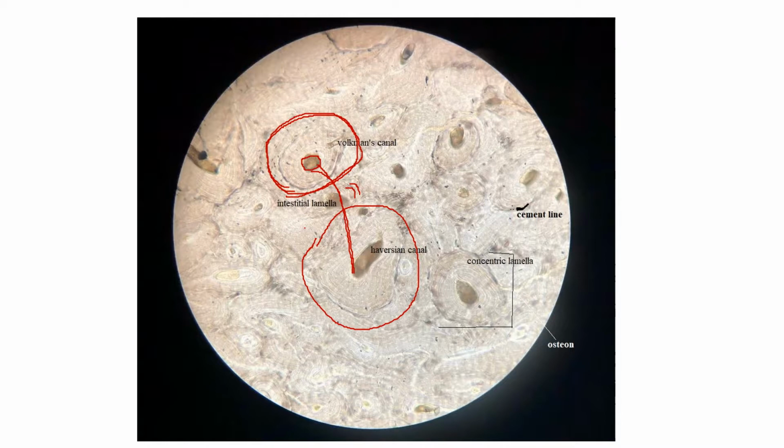These osteocytes will be lying inside the lacunae. So here in the concentric lamellae, you will be having lacunae. Inside that lacunae, you will be having the osteocytes, and from here there are some processes. These are the osteocytic processes, cytoplasmic extensions of the osteocyte. This is called canaliculi.